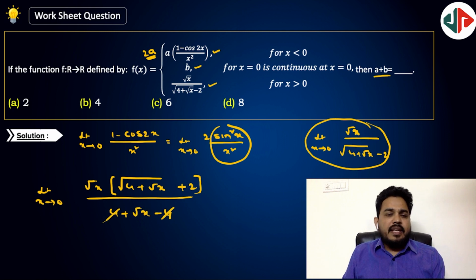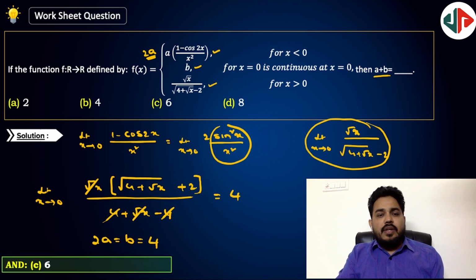So this cancels. In the next step, this one is also cancelled. So when x is equal to 0, this value is equal to 4. So clearly 2a is equal to b is equal to 4. So a plus b is equal to 6 is the answer.